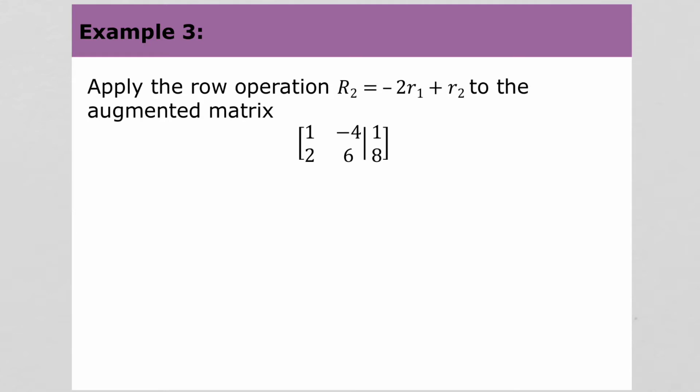So, for example 3, it only wants us to apply the row operation R sub 2, which means row 2. So row 2 equals negative 2 times row 1 plus row 2. So we've got our original matrix.